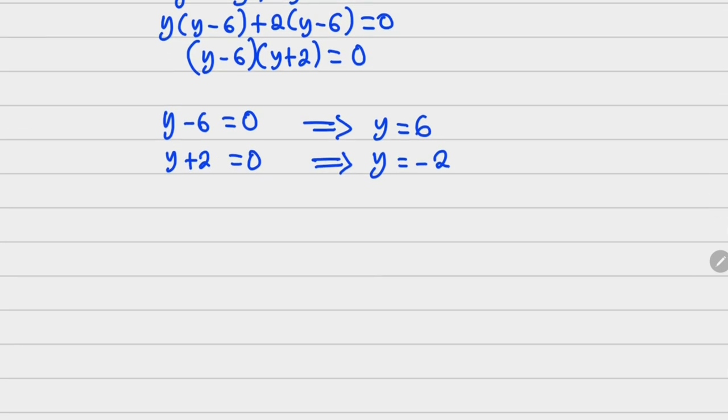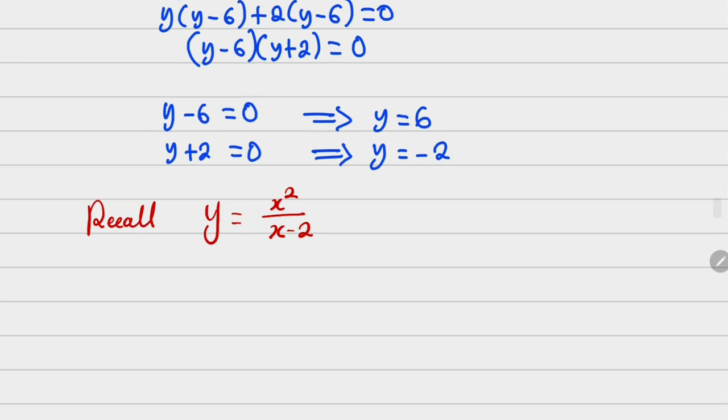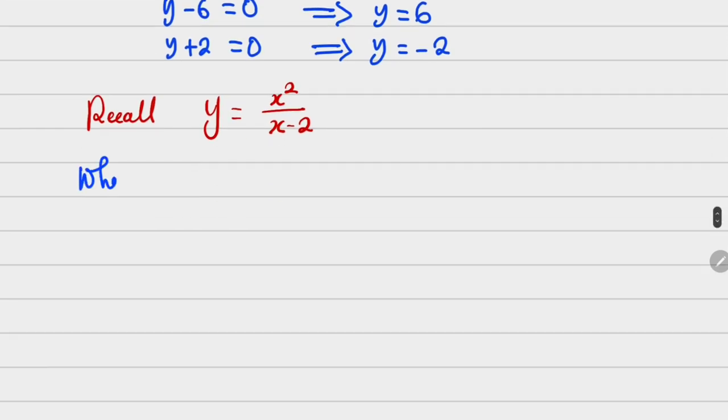But you see, this is not what we want. We want x, okay? I introduced y. So what I'm going to do is recall the fact that we said let y be equal to x squared over x minus 2. Therefore, when y is equal to 6, I'm going to have 6 is equal to x squared all over x minus 2.